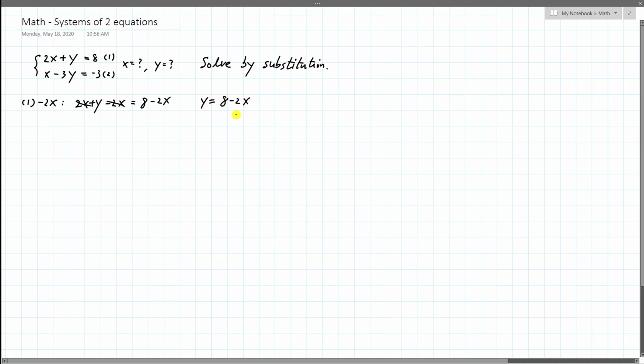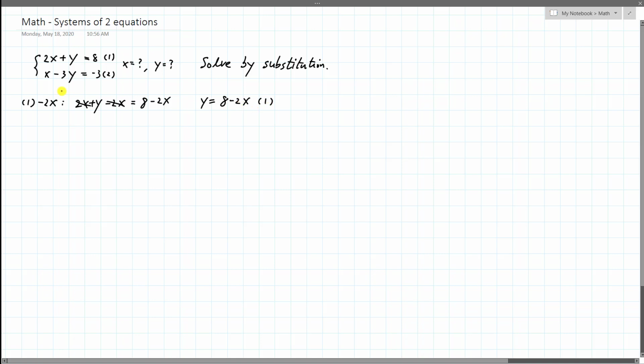Although this is not a solution for y, since a solution would be y equals a number, this is just y equals an expression. This is still useful because anywhere you see y, you can get rid of it and turn that into x in the values, so y is gone. You will be solving a single equation with a single unknown. So this one we'll still call 1 because it came from 1.